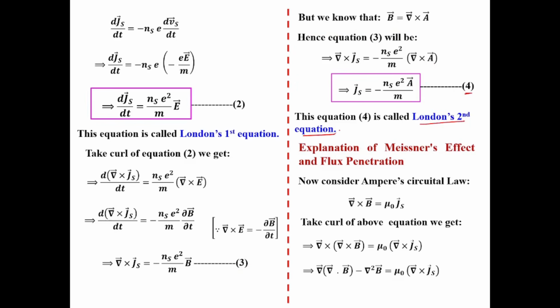Okay, now we are going to go for the explanation of Meissner's effect and flux penetration considering London's equations. For that, we consider Ampere's circuital law.